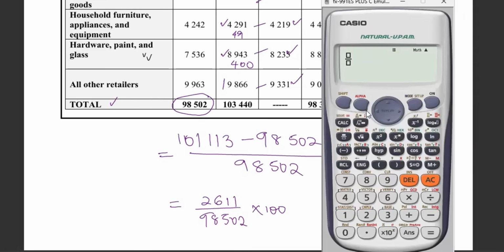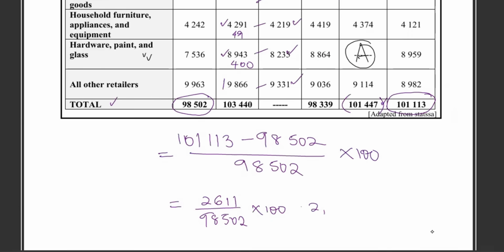Then I'm going to say divided by, so that's how we use a calculator there, multiply by 100, and the answer becomes 2.65. Don't forget it's a percentage.